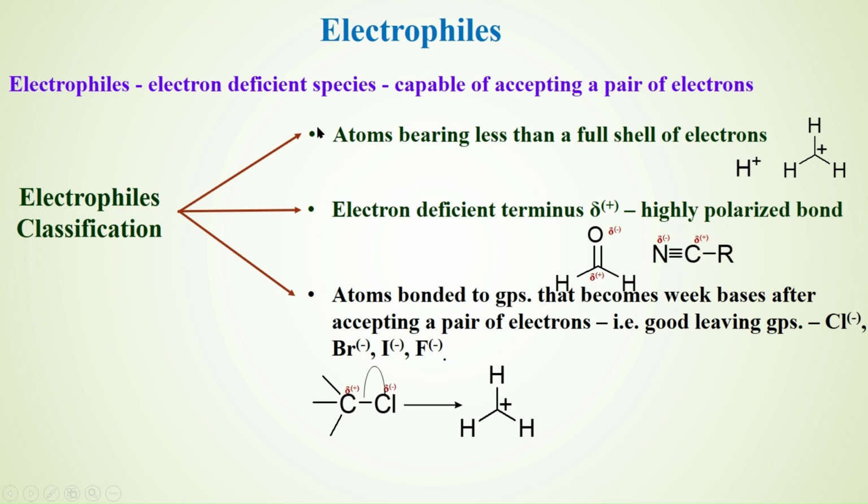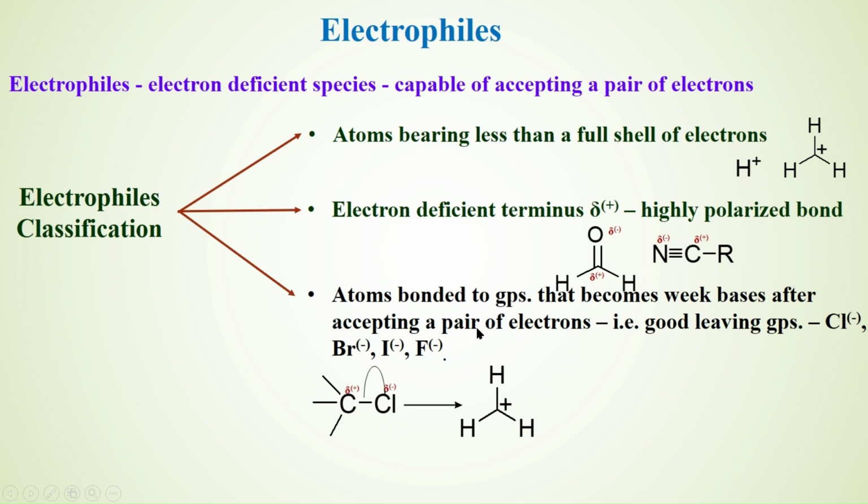The first set of electrophiles are atoms bearing less than a full shell of electrons, like H plus, CH3 plus. CH4 has a full shell of electrons. If one hydrogen along with its electron pair leaves, it gives rise to an electrophile. The electron deficient terminus of a highly polarized molecule is the second set.